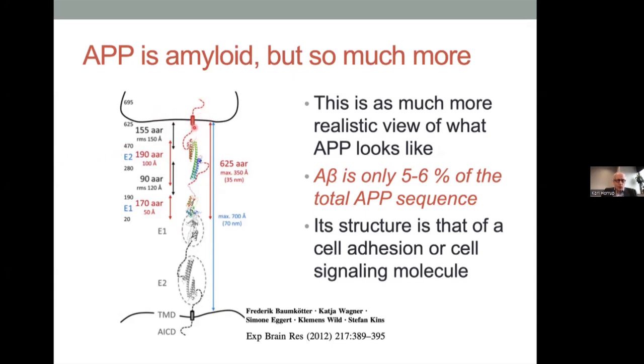The N terminus, which sticks outside or into the lumen of a vesicle, is quite large, as shown here, and its structure is very reminiscent of a cell adhesion or a cell signaling molecule.